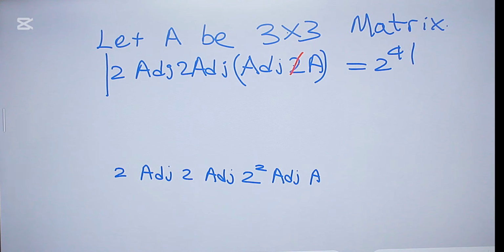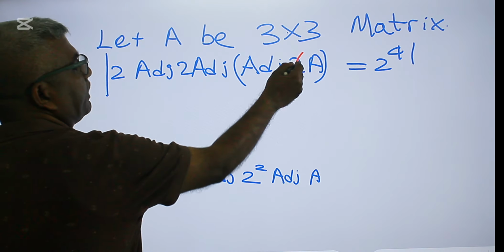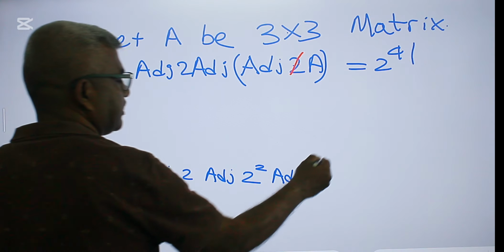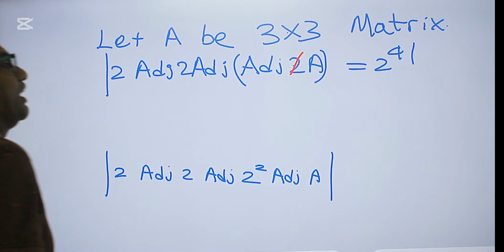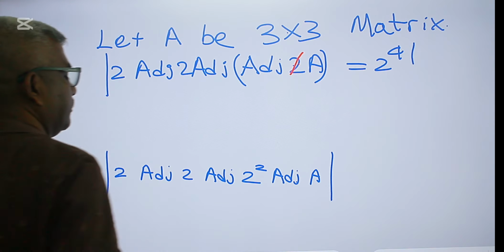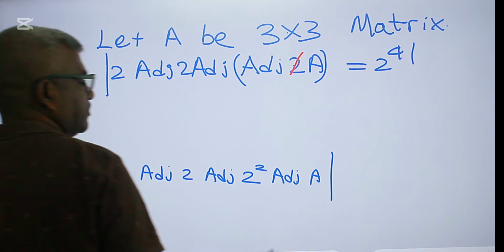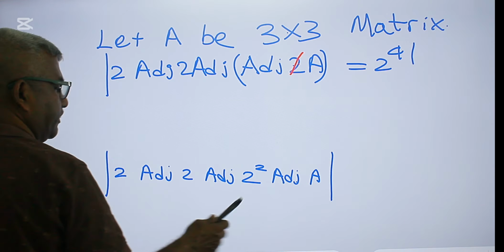Okay. Then this adjoint we cancel. This 2 we take out. Then the next is, we have to take out this adjoint. This adjoint, how will you take it out? It will be A squared.